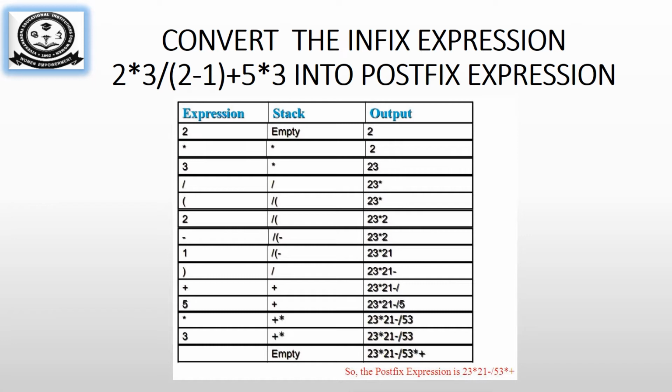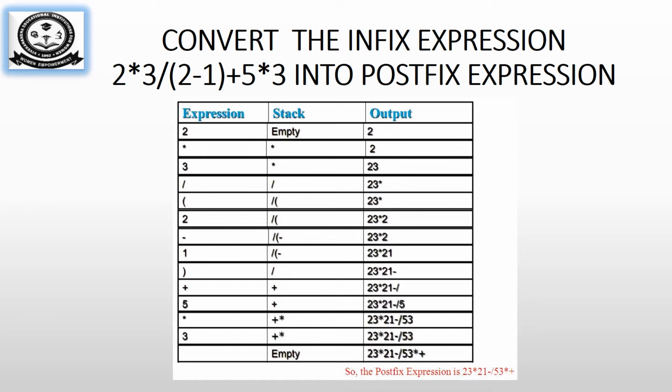Then you encounter 1, which will be printed as an output. When you encounter a closing parenthesis, all the symbols will be popped from the stack until you encounter an open parenthesis. So first minus will be printed, then you encounter the open parenthesis, which you will not print.